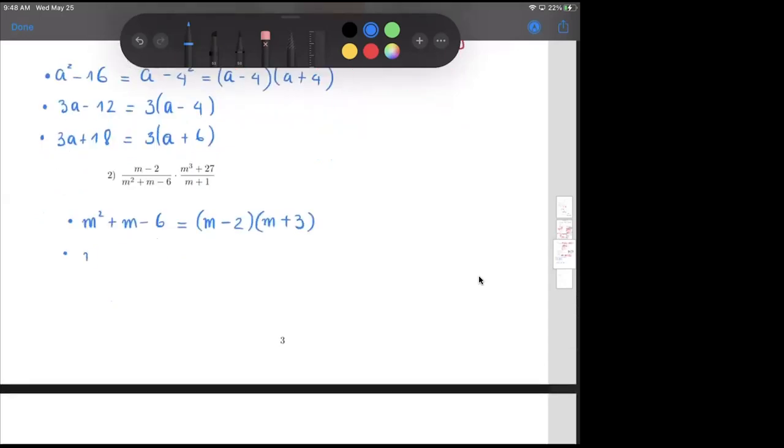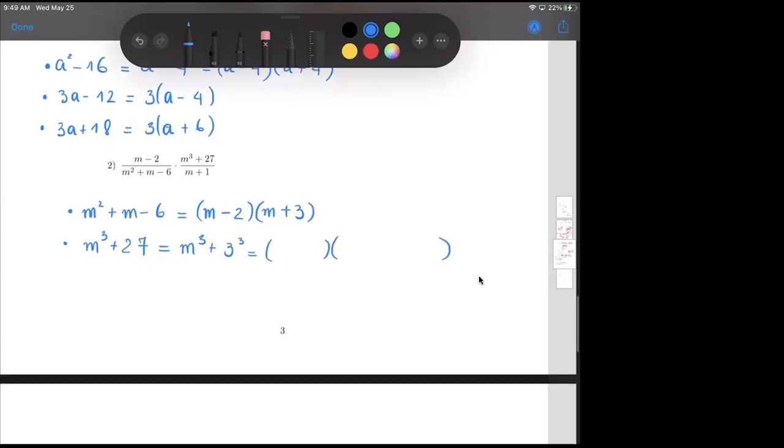All right, someone else, m cubed plus 27. This is the same thing as m cubed plus 3 cubed. You have a binomial and a trinomial. Someone else tell me how to fill this out.